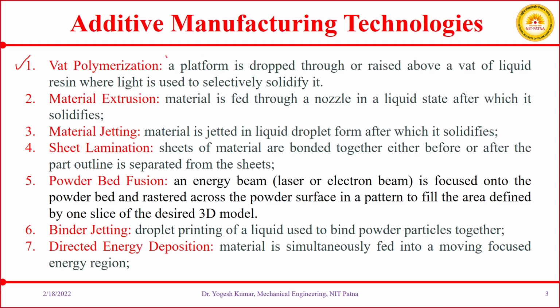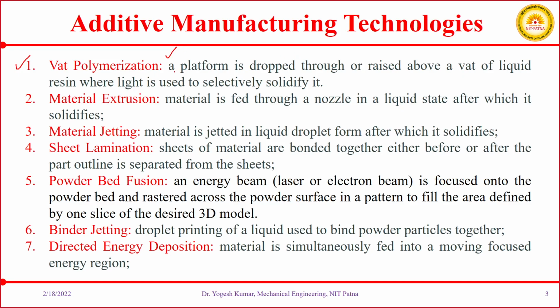So let me read it. What is the wet polymerization process? It is a 3D printing process in which photosensitive material is exposed to radiation, or light, in a controlled manner to obtain a polymerized solid material.